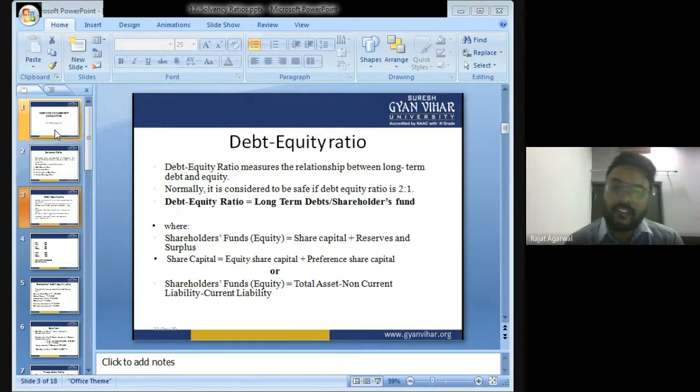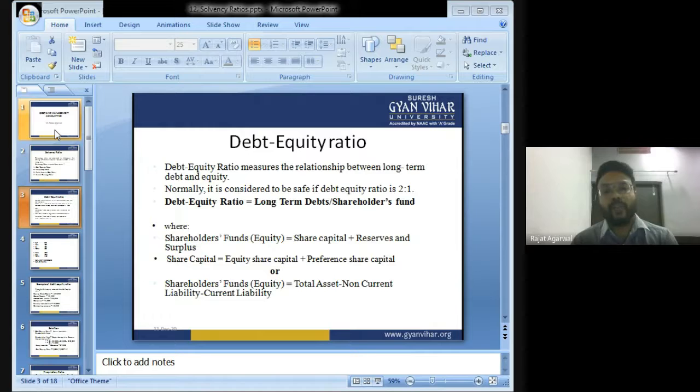Children, in balance sheet shareholder fund includes share capital, reserve and surplus. In share capital there are two types, that is equity share capital and preference share capital.